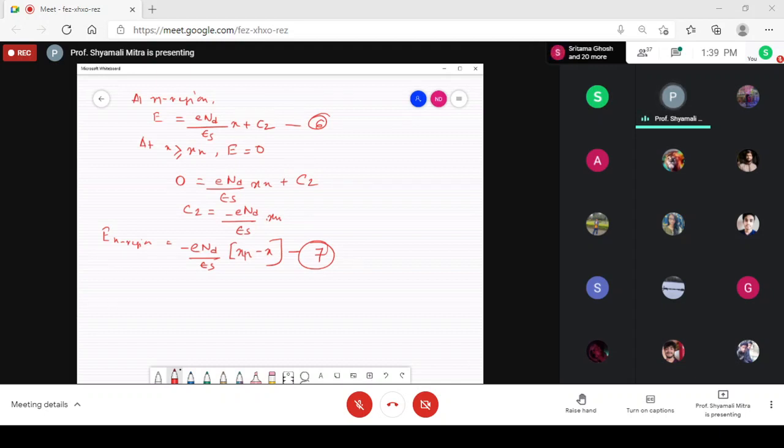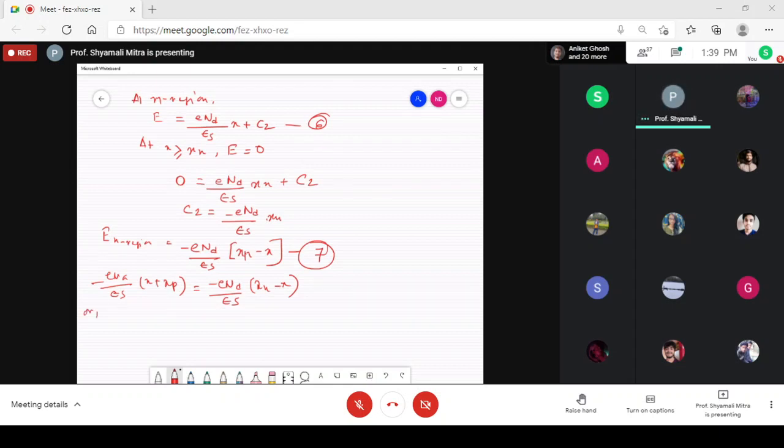If we equate these, we are left with minus qN_A over epsilon_s times (x plus x_p) is equal to minus qN_D divided by epsilon_s times (x_n minus x).